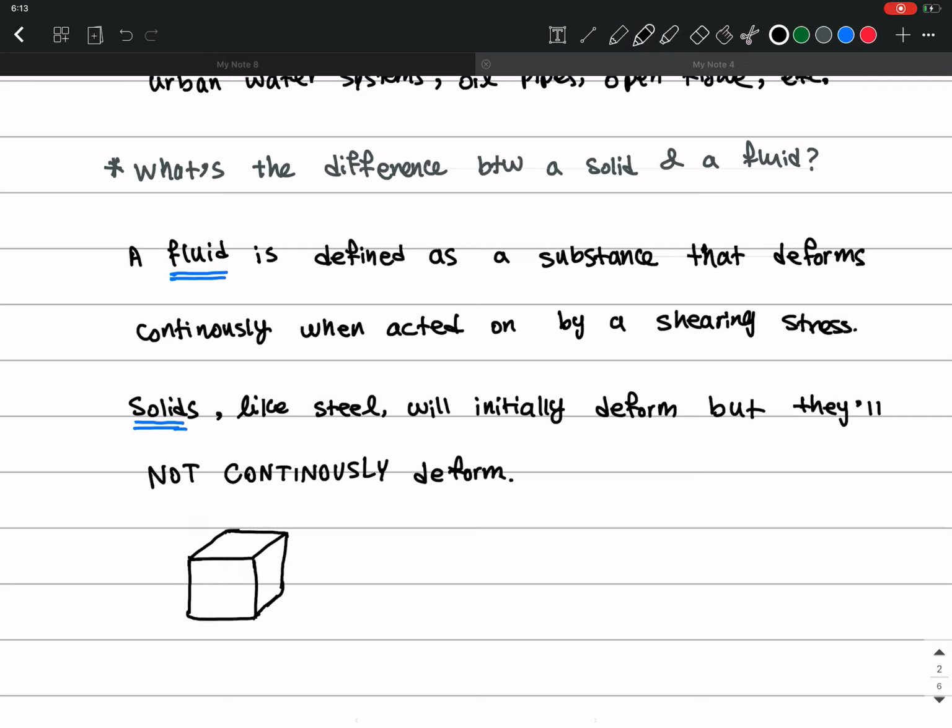When you add a shearing stress, or a force, on this solid, what happens is it might initially deform, okay, to a new shape. Something like this.